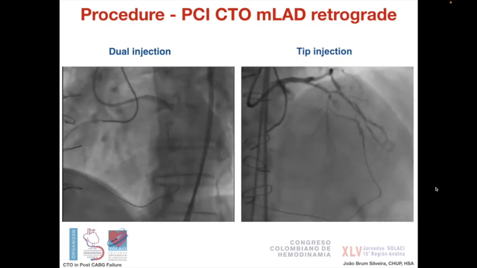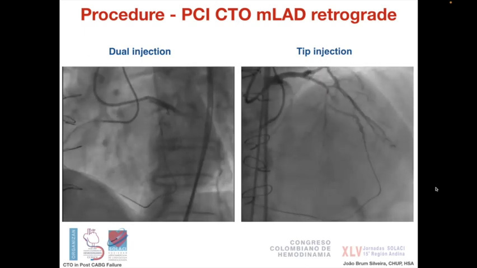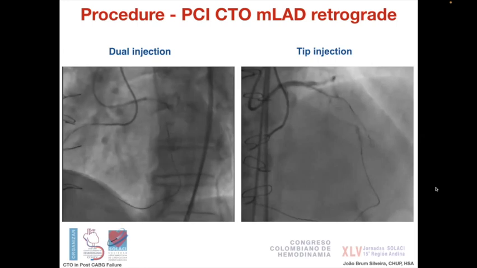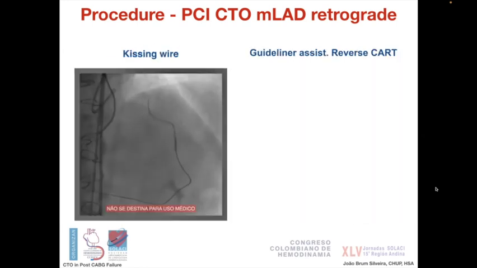Once again, as you have mentioned, we did some work to do the connection. We have a small perforation. It's very, very easy to manage. And after that, you go with the knuckling. We perform the knuckle wire in the antegrade and the retrograde wire.